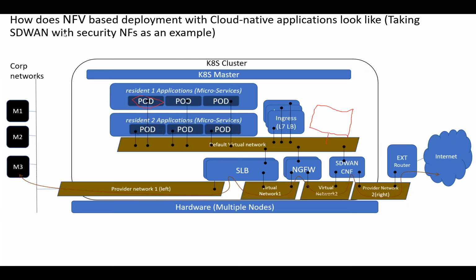So maybe, for pod to pod, the pod has to default its traffic to the CNF, right? Basically the CNF will be your gateway.